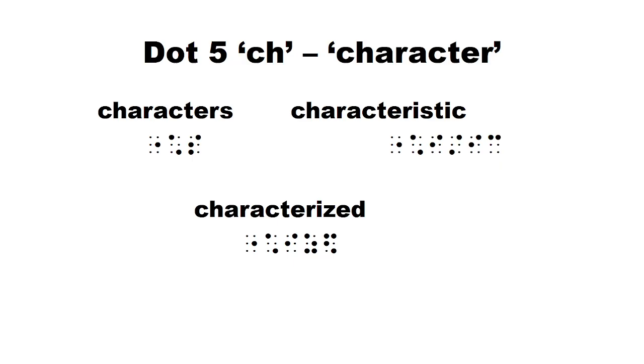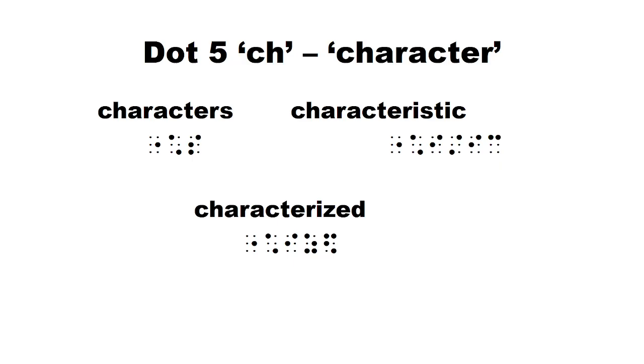Next is characterized. We can use the contraction for character, dot 5 on the first cell, and the contraction for CH on the second cell. On the third cell, we write letter I, Z on the fourth cell, and the contraction for ED, which is composed of dots 1, 2, 4, 6.